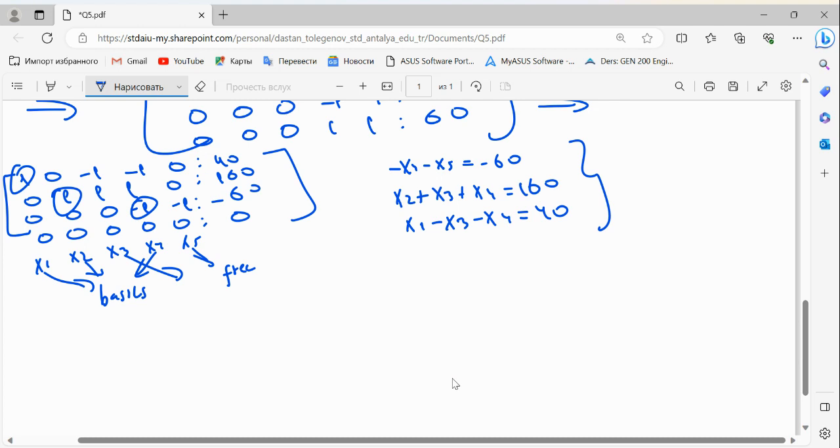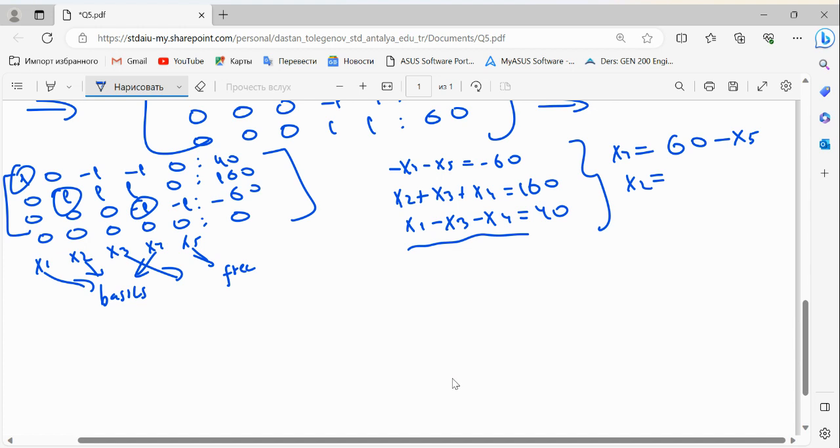Let's take x4 from here, which is going to be 60 minus x5. We take x4, x2, and from here we will get x1, because those variables are basic.